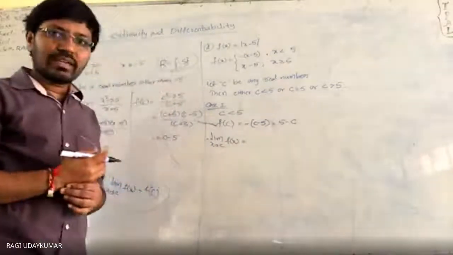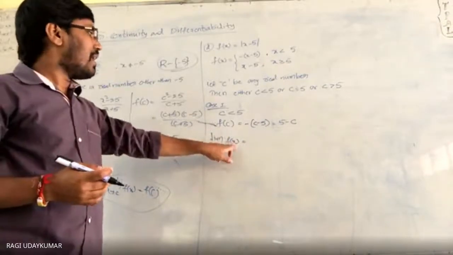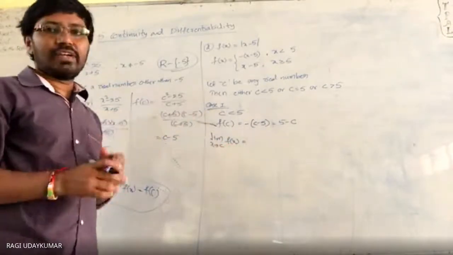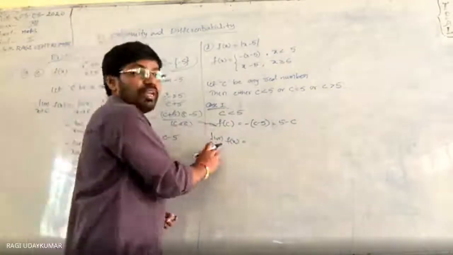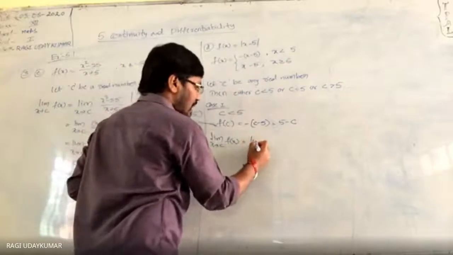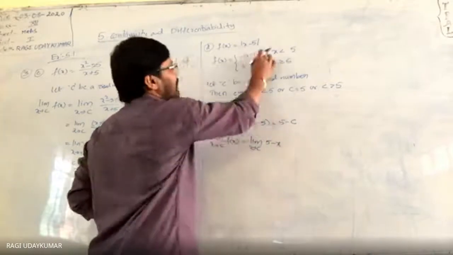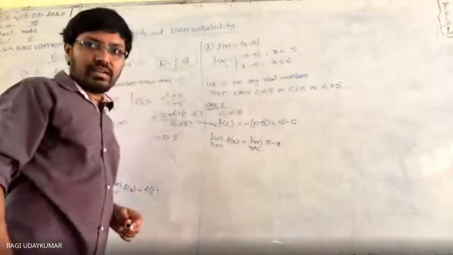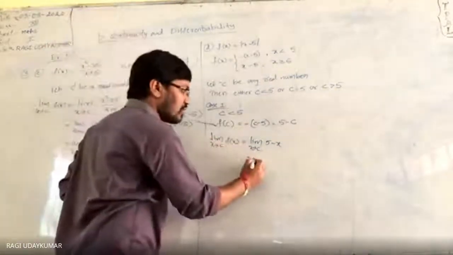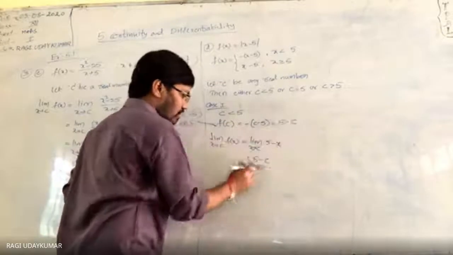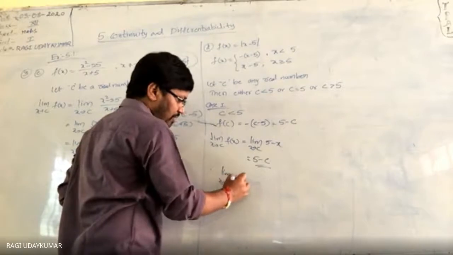Here c is already given as less than 5, so the limit x tends to c of f of x, where f of x is 5 minus x. Minus of x minus 5 can be written as 5 minus x. Both are equal, therefore limit x tends to c of f of x is equal to f of c in case number 1.